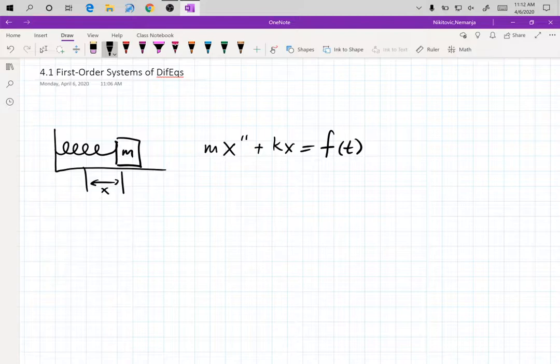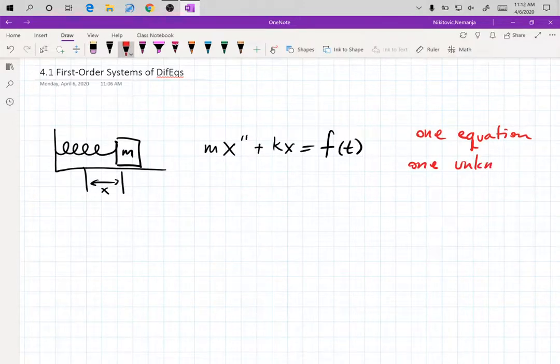I'll write it over here in block: one equation and one unknown function, which was x of t, the position of the object in time.